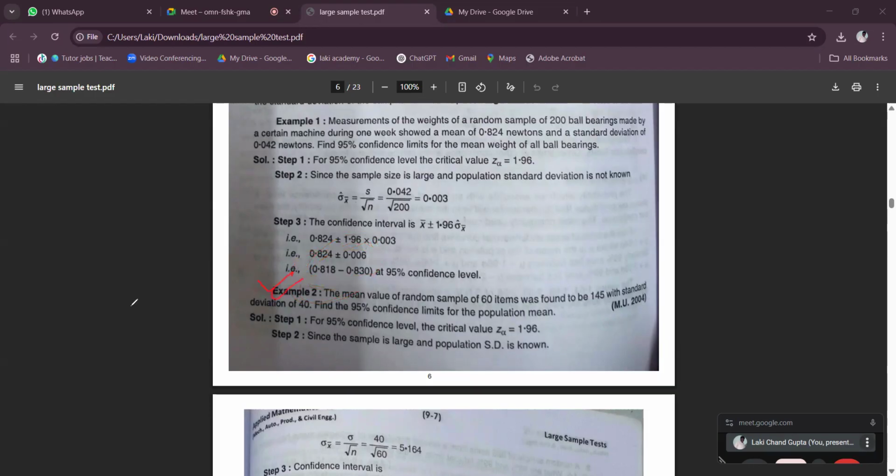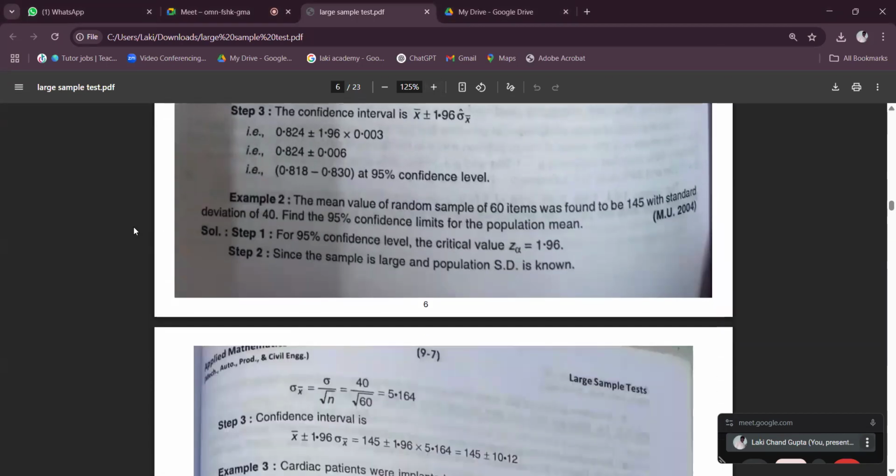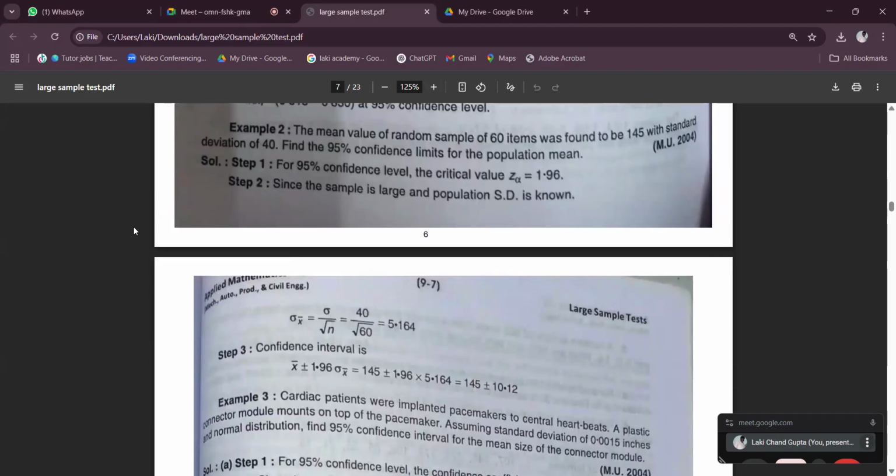Can you try the second one? The sample is 60, because you read that you get a random sample of how many? 60, and the mean value is 45.